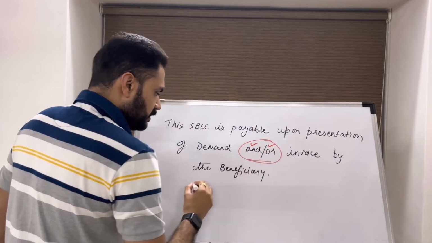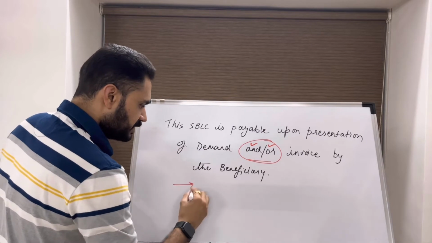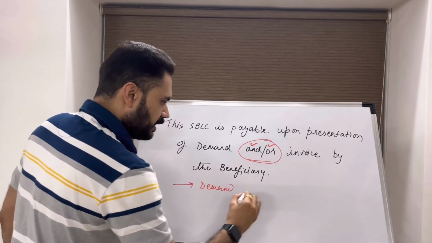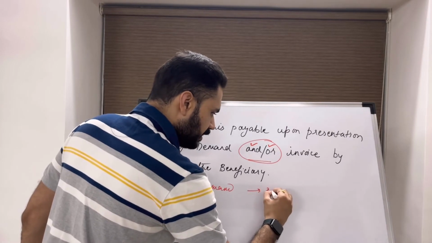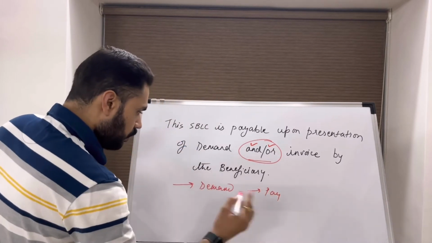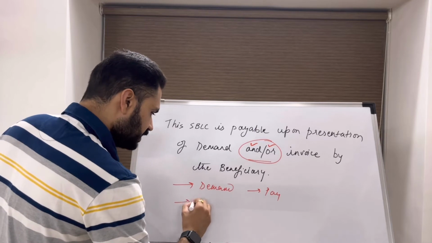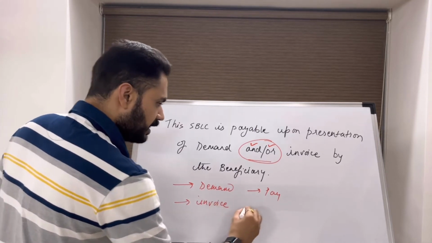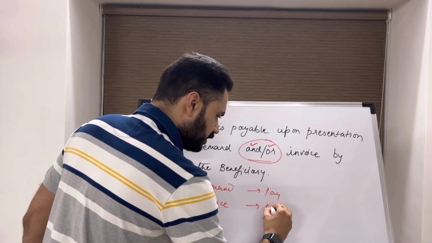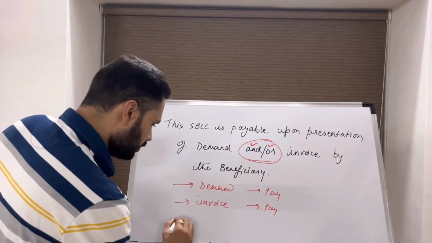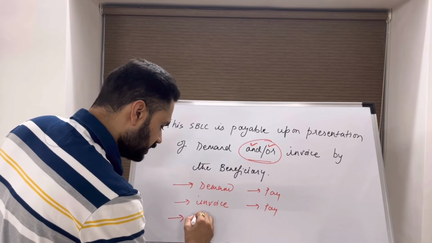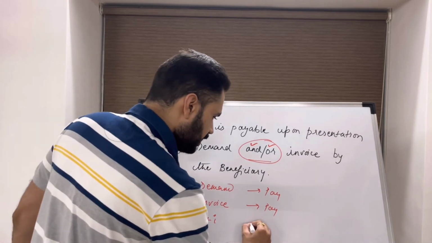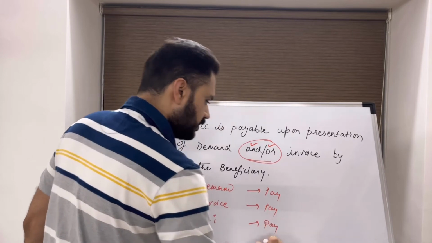This means the beneficiary can present either only a demand and I have to pay, or the beneficiary can present just the invoice and I have to pay, or the beneficiary can present demand plus invoice and I have to pay.